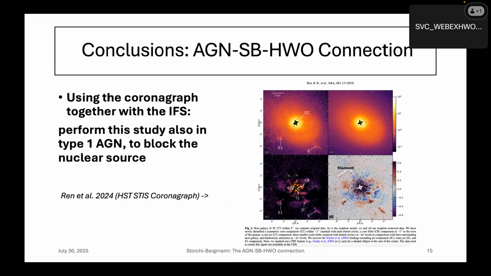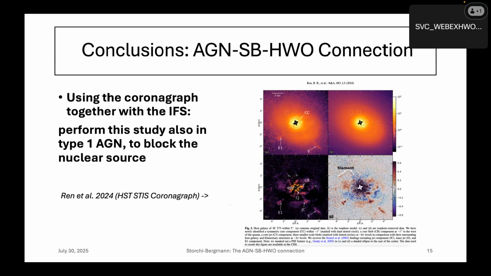And finally, we can also use the coronagraph. Somebody told me that we can use the coronagraph together with the integral field spectroscopy in the UV. This would be ideal to look for type 1 AGN where you have the glare of the nuclear source, so we can perform this study also for type 1s.